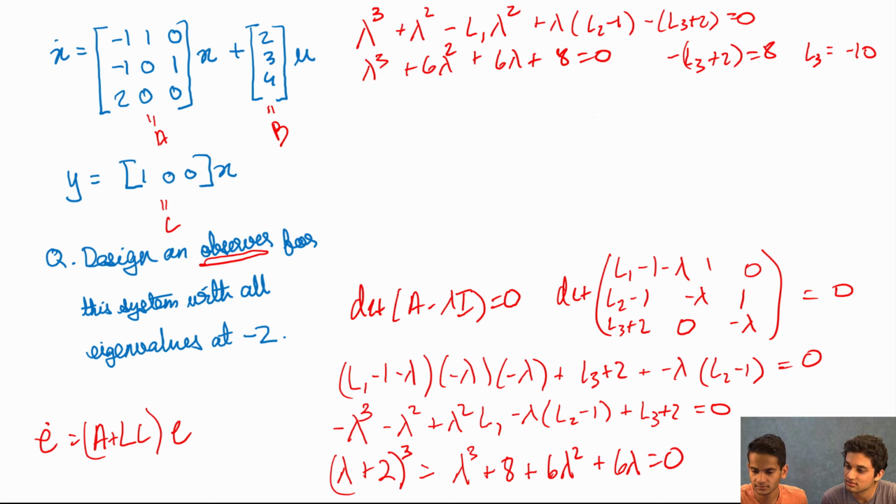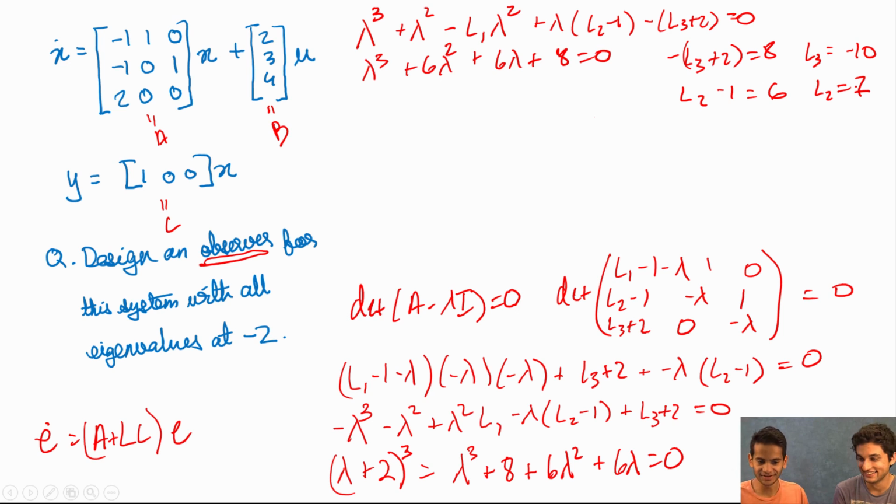Just 6. 6 plus 2 is 8. Oh, right. Sorry, my bad. This is why we have the two of us together. And then matching this lambda term, we have L2 minus 1 equals 6. Therefore, L2 is 7.